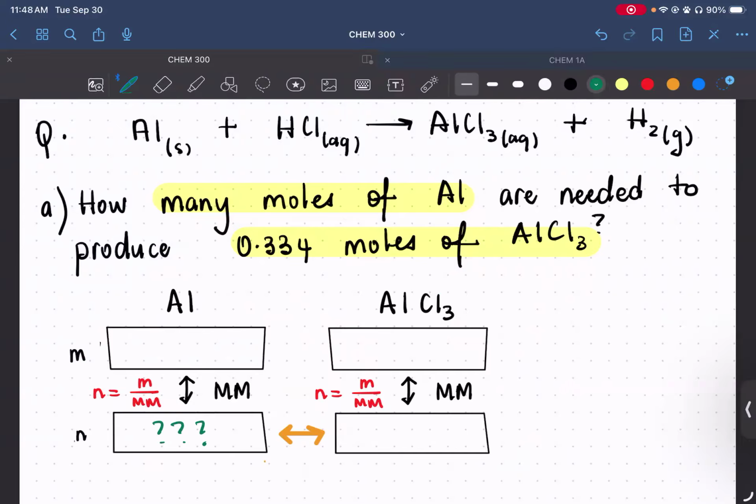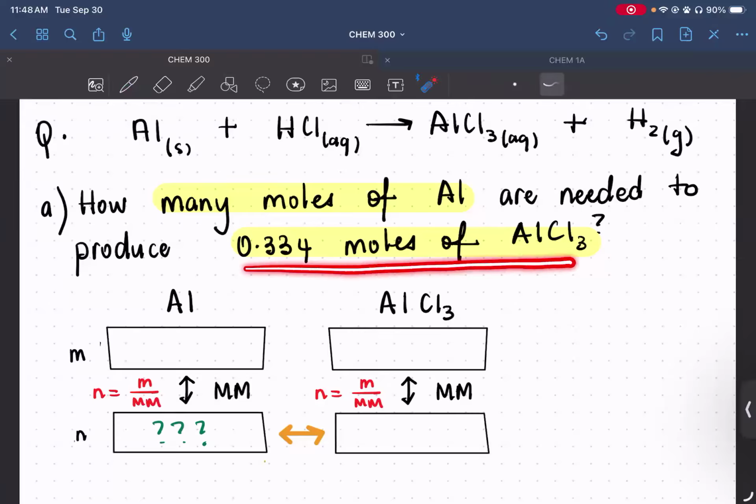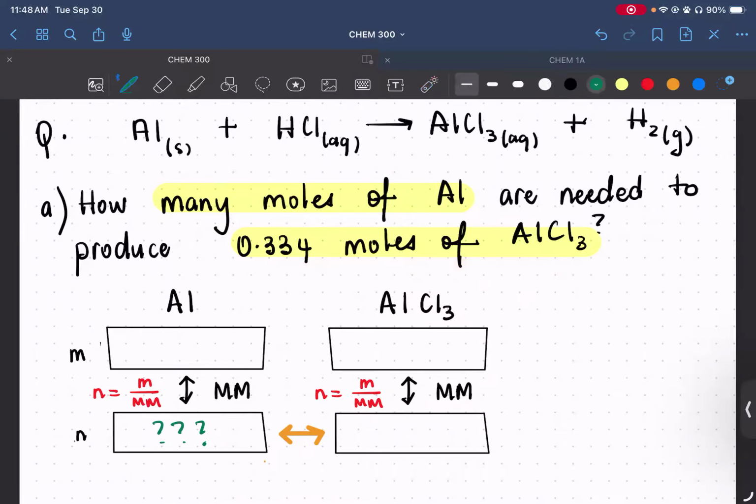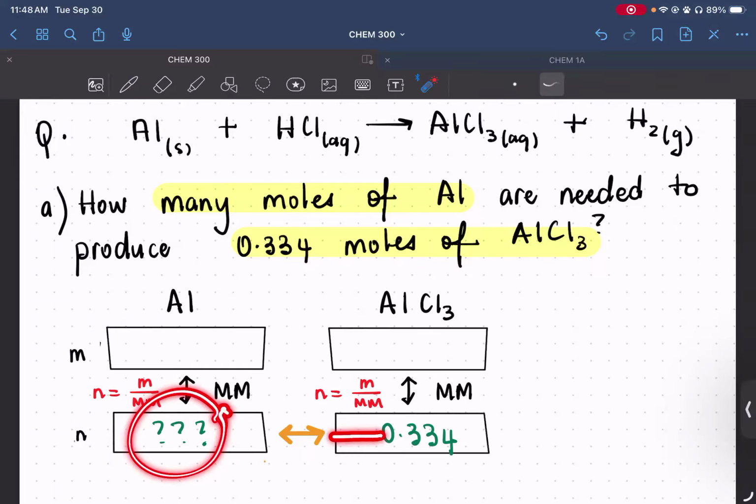That's what we're trying to find, based on the wording of the question, that it says how many are needed to produce that much of aluminum chloride. So we are given some information, so let's fill that in. 0.334. Looking at the roadmap clearly tells us that to find the question mark, we're just going to traverse between moles.